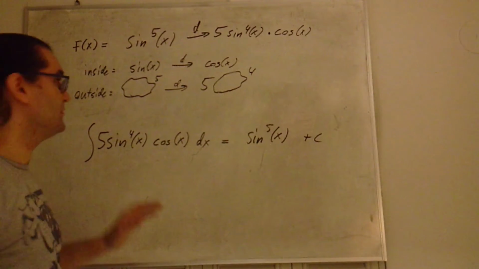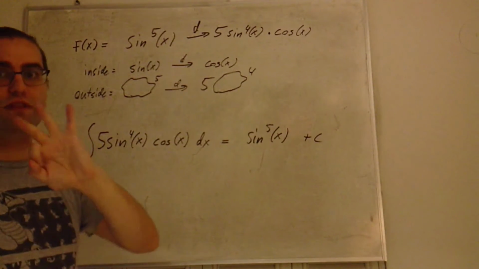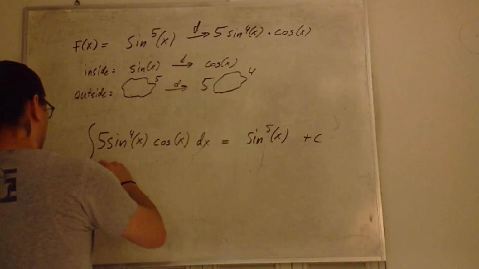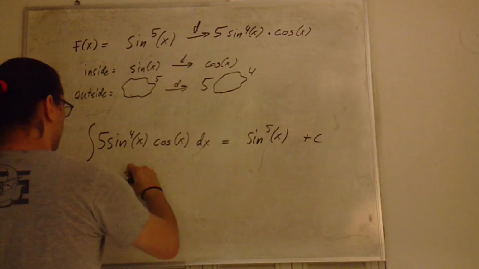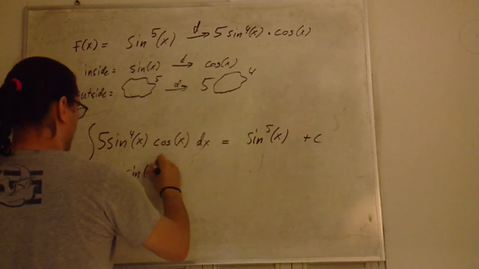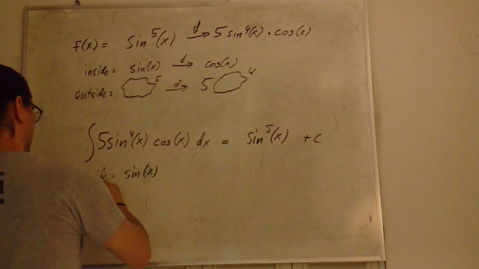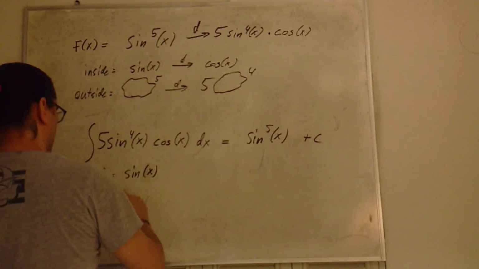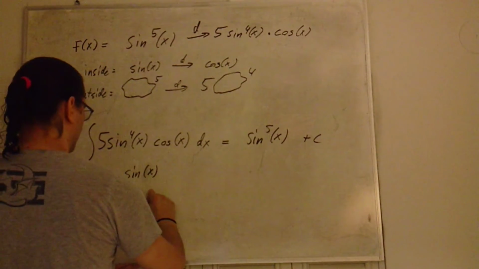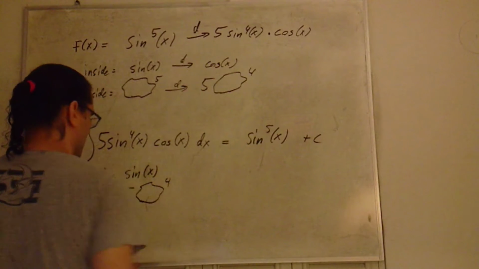Except this time, instead of an inside and outside, there's going to be 3 pieces. The inside function is sine of x. That hasn't changed. The outside function should be 5 somethings to the 4th.